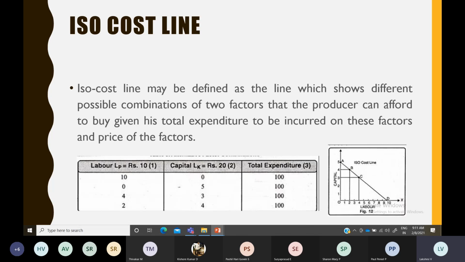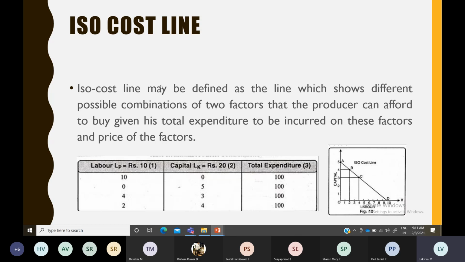Among the two products he has to choose one more and the other less, or have a combination. Suppose I have 1,000 rupees in my hand and I want to spend on food or entertainment or something, then I must see which one can be spent more and which one less. I have to think over that, because my budget constraint is limited to 1,000 rupees. I want to spend only within that. So that is known as the budget line.